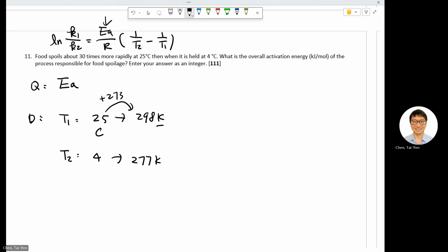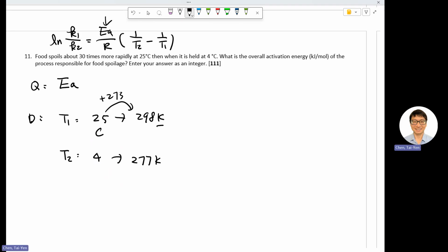Okay, so you have your T1, T2. Then you have to think about your K1 and K2, right? Do you have K1 and K2 specified in the question? Not really, right? It did not give you the value of the rate constant. What is the sentence that can provide information? "30 times faster."